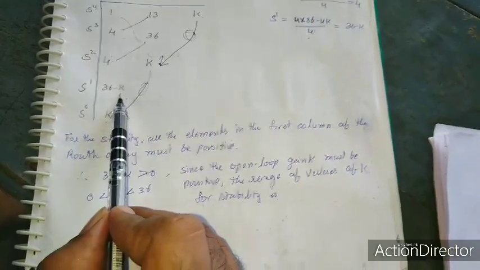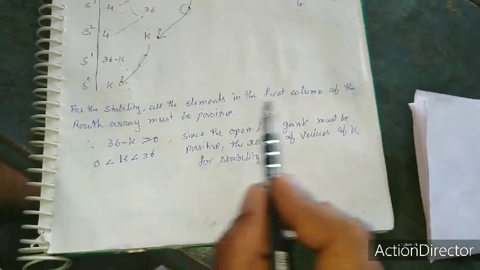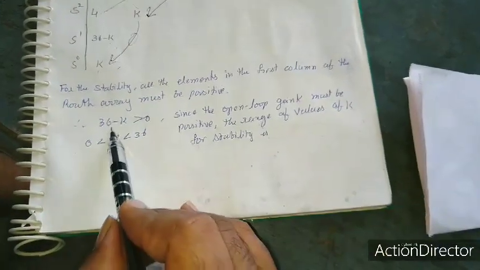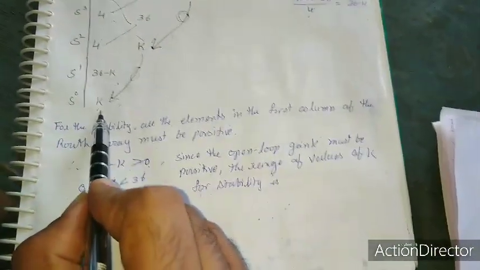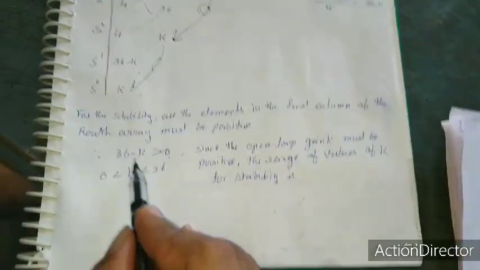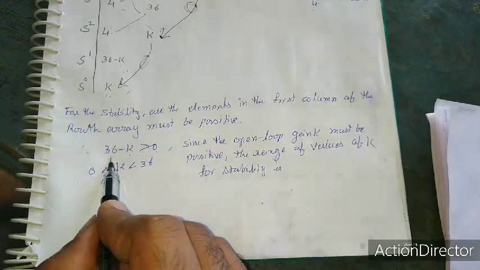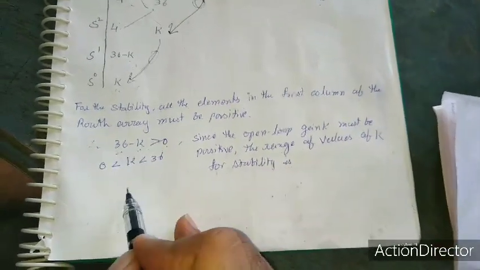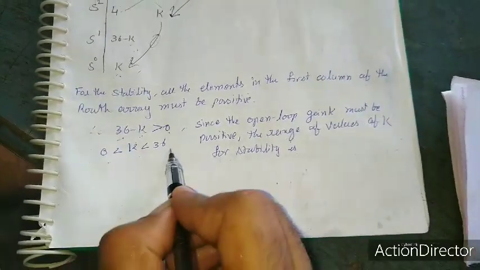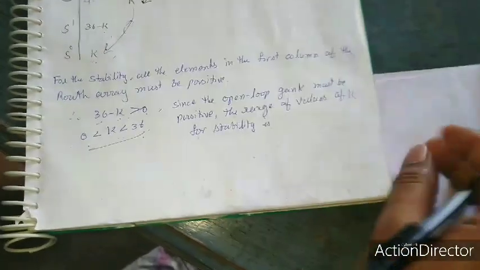One is 36 minus k should be greater than 0, and k also should be greater than 0. So 36 minus k greater than 0 means that k should be less than 36. So the k value can be treated as 0 to 36. This is the range of k for the system to be stable.